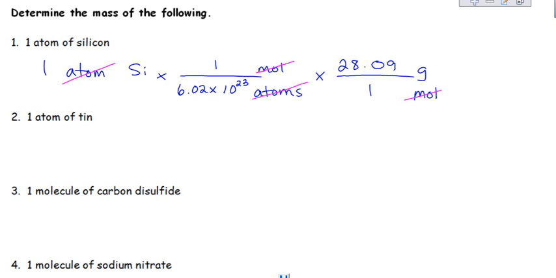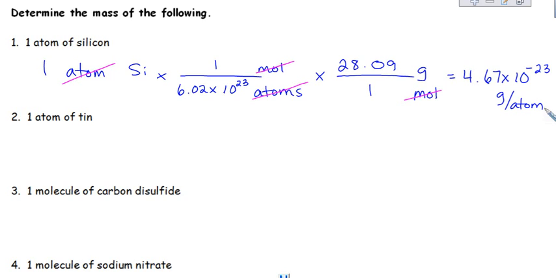For significant figures, maybe I'll leave about 3. I don't know if I want to just go to 1 sig fig. So how about 4.67 times 10 to the negative 23rd? And that would be grams per atom. Okay, yeah, now you see what I mean. That number is crazy small.